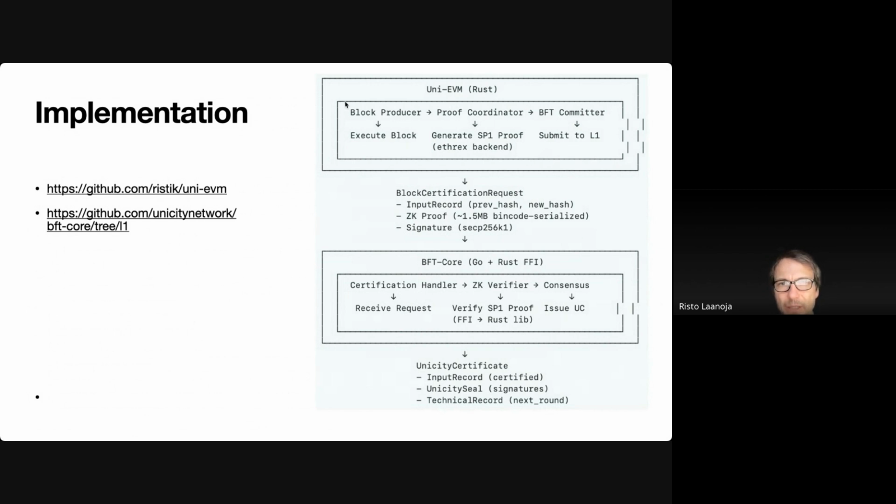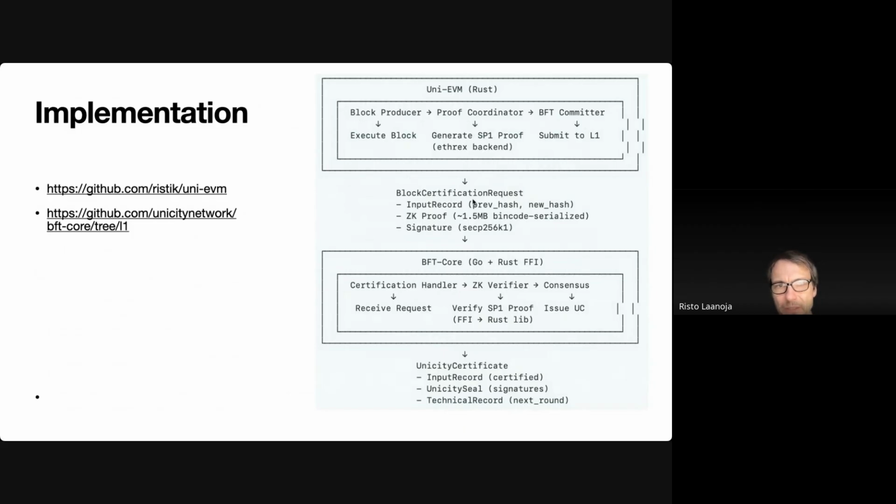What happens is that the block is produced by a custom crate on this repository, but it's executed by Ethrex. The proof coordinator is custom, but the proof generation is based on Ethrex. And the guest program which runs the verification to generate the execution trace is custom. And the BFT committer to submit to layer 1 is also custom, but the main functionality comes from executing a block and proof generation from the Ethrex side.